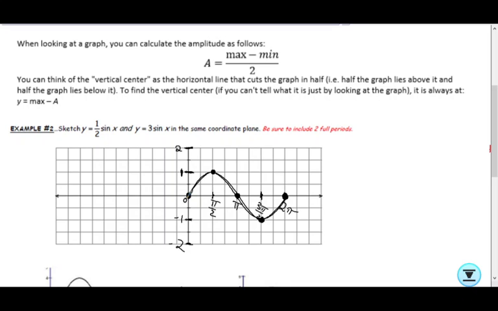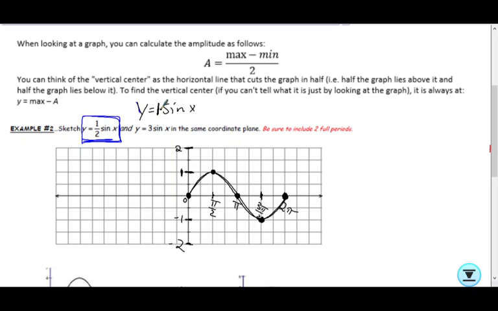All right, so I'm going to use blue to draw this one, the 1/2 sine x. So basically what this is telling me is that I'm going to have the sine wave, but the amplitude is now 1/2. The amplitude in my original one, I'll draw it in black, y equals sine x, there's that 1 out in front.